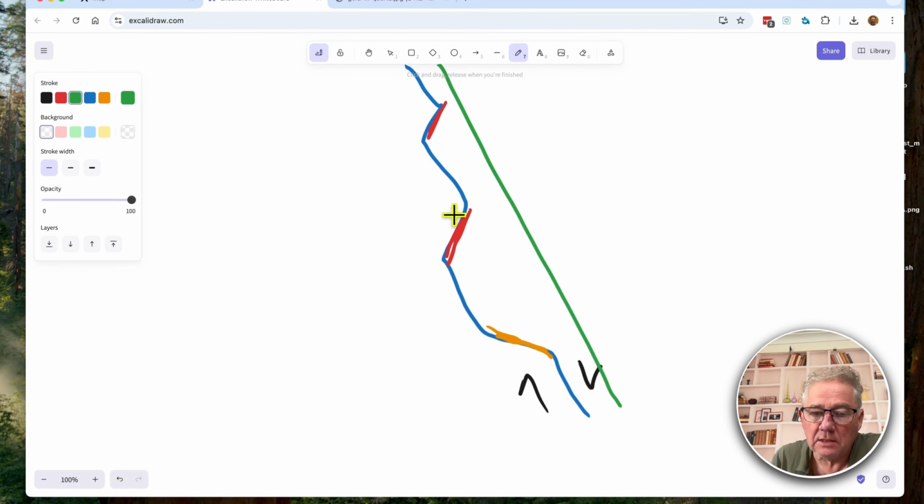Each of these things can be a potential gold-forming trap, especially if it runs into a zone where it intersects iron-rich rocks as well. So these red zones are the zones most likely for gold to precipitate out of solution.